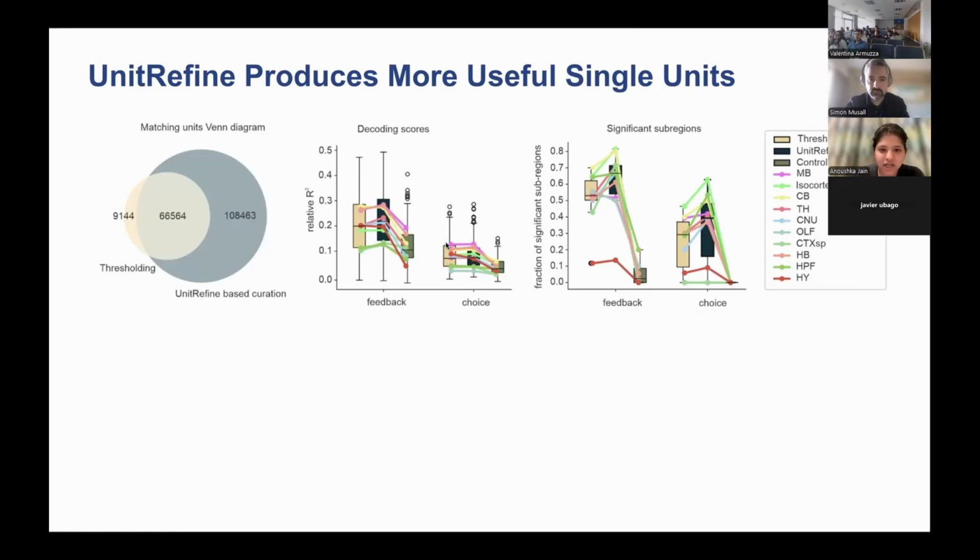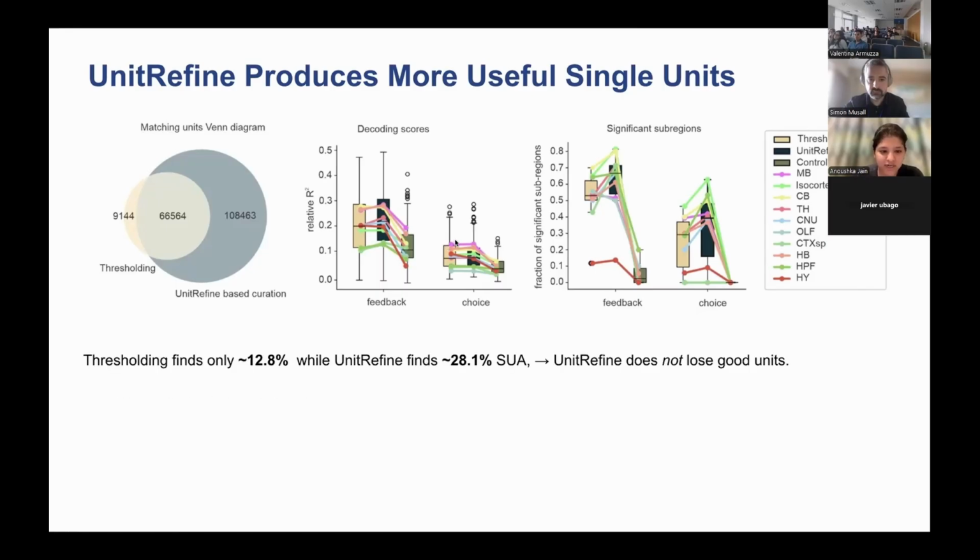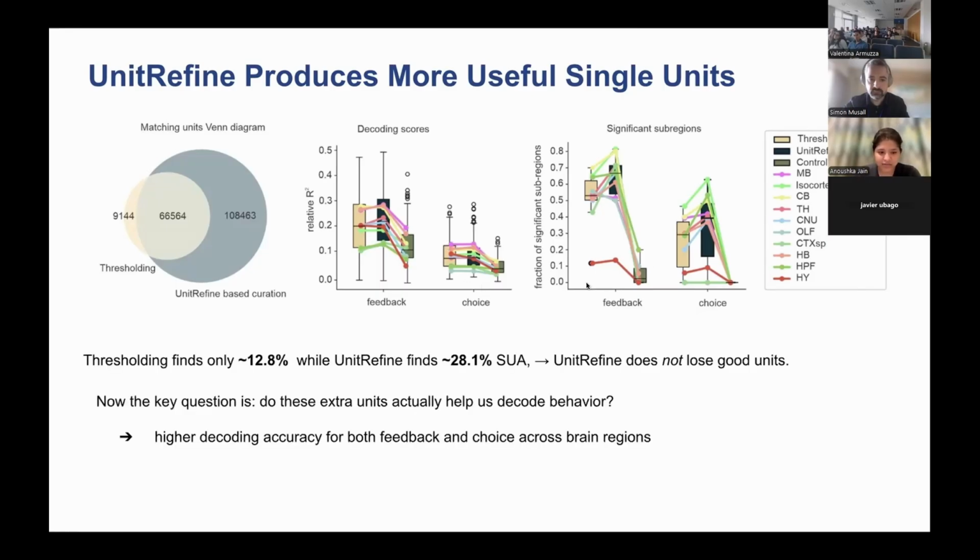It shows that if you're using UnitRefine, you get higher decoding accuracy in both feedback and choice, and also higher accuracy in identifying the subregions that are part of these scores. With UnitRefine you can find more subregions which are predictive of the behavior.